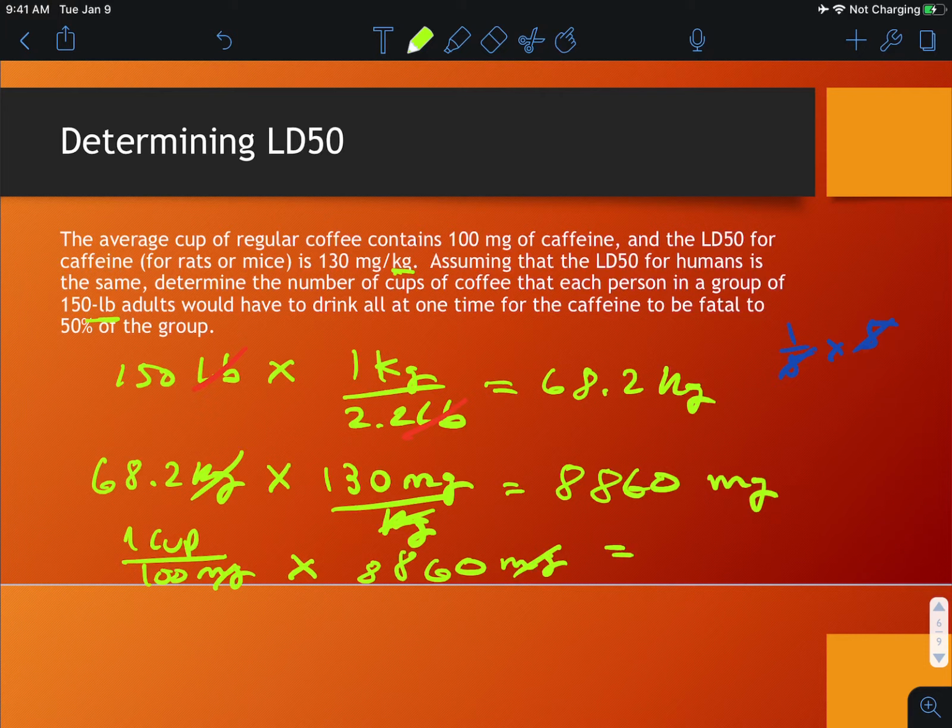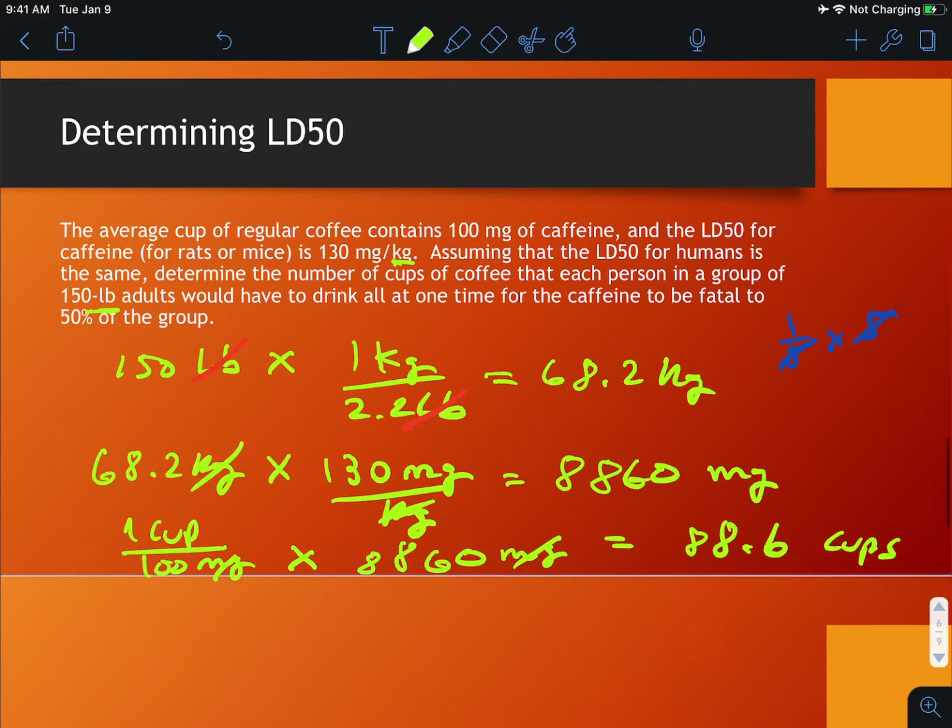That's going to give me the number of cups of coffee. And you see now it's 88.6 cups of coffee. So you realize that caffeine is not a particularly toxic substance, because that's a ridiculous amount of coffee. And if you're drinking 88 cups of coffee a day, you have more problems than worrying about caffeine as your LD50. So you can see, not a particularly toxic substance.